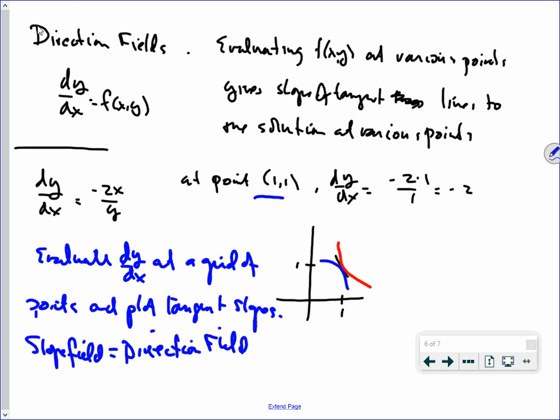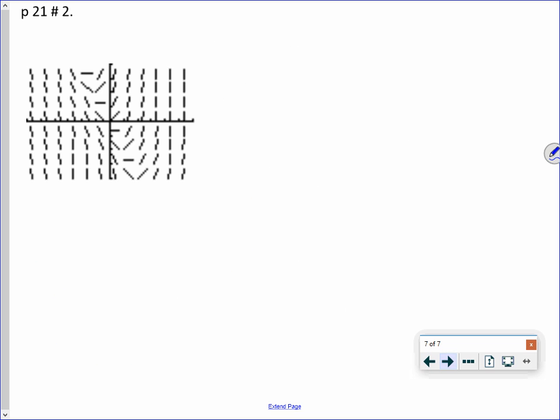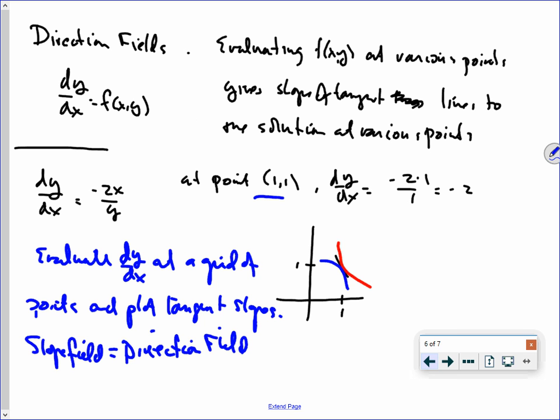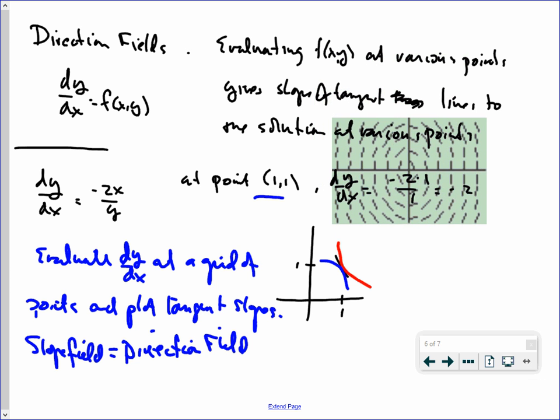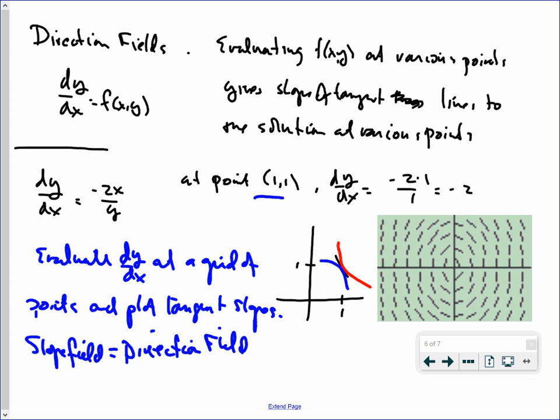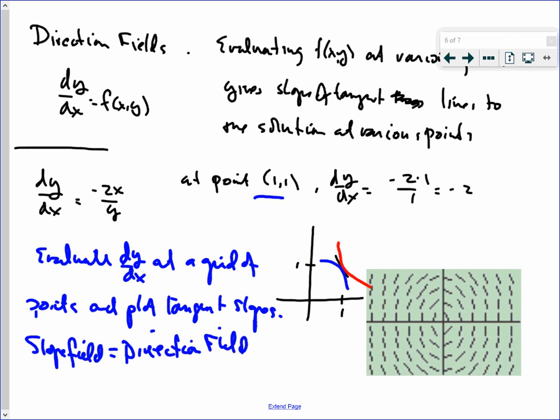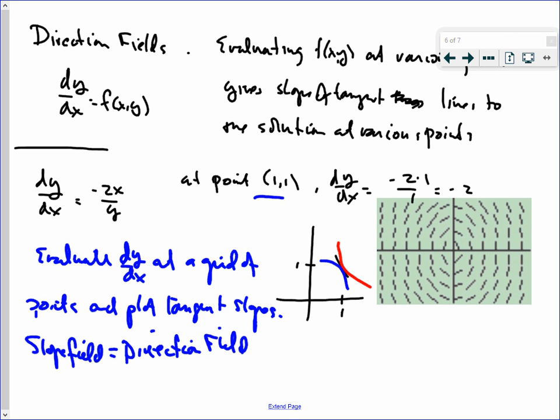Since I can't make my calculator work right now, let me see. Do I have it here? There it is. Magically appears. I wasn't sure I'd be able to actually reproduce that. When you use the slope field program on the calculator, you need to type that program in. For y1, you put minus 2x divided by y.